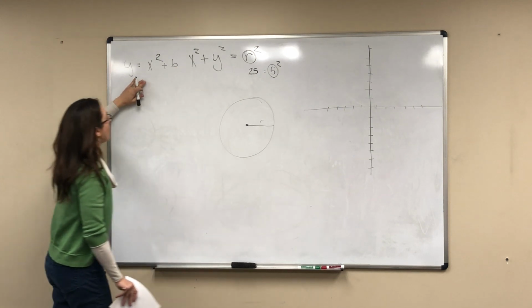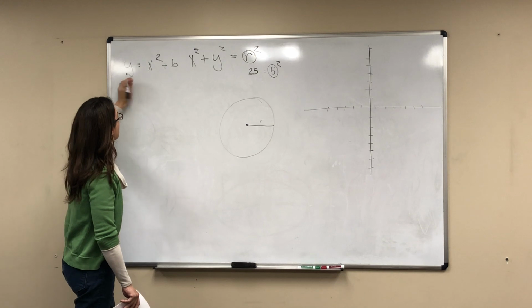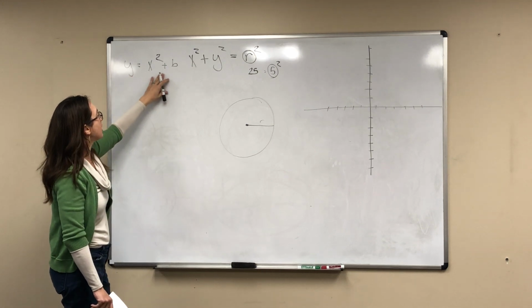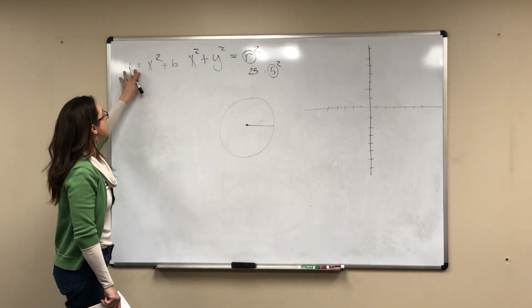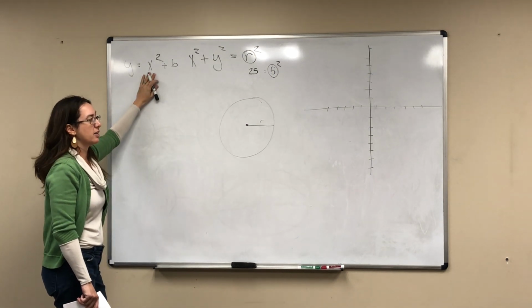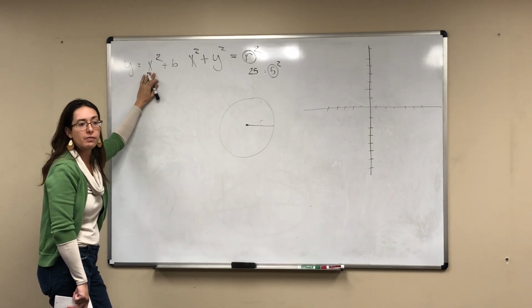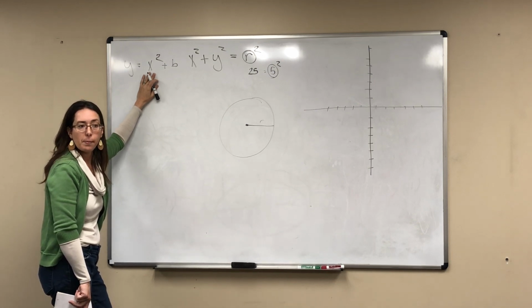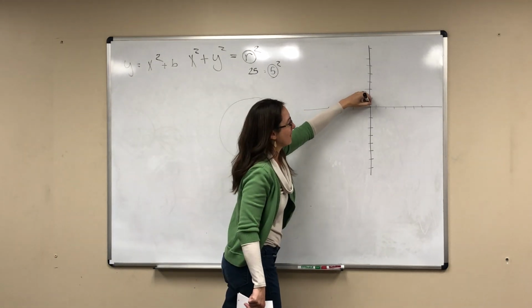Now, on our parabola, when we took our parabola and we broke it out, and it's just y equals x squared plus a b here, and there was nothing attached to the y and the x, what did that automatically tell us about our parabola? Where is it located on our graph? Right, at the origin.